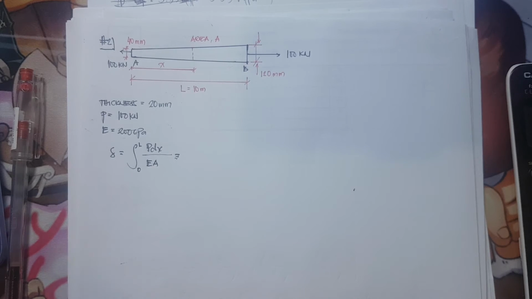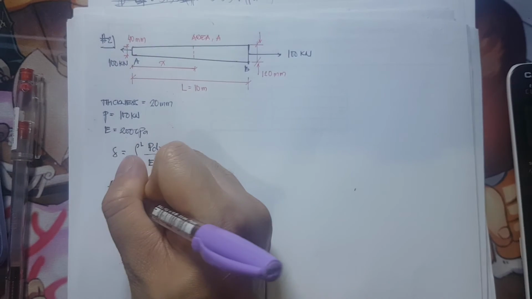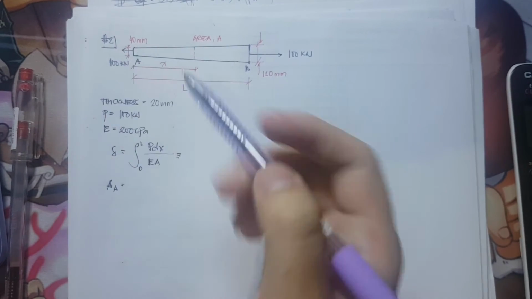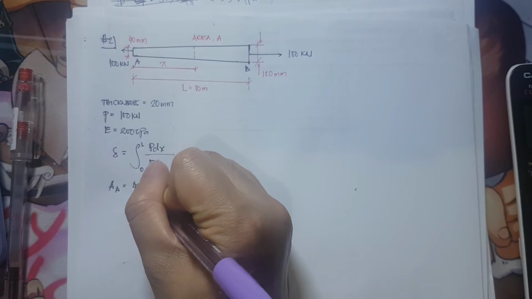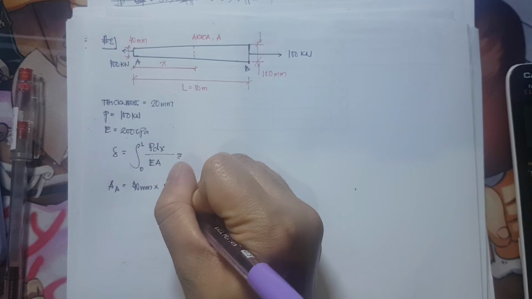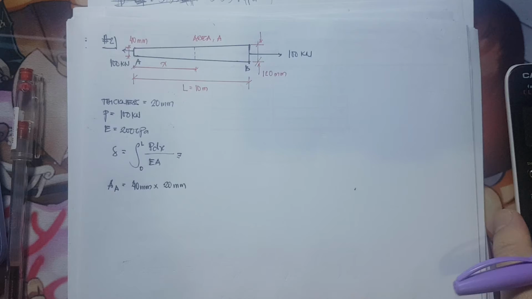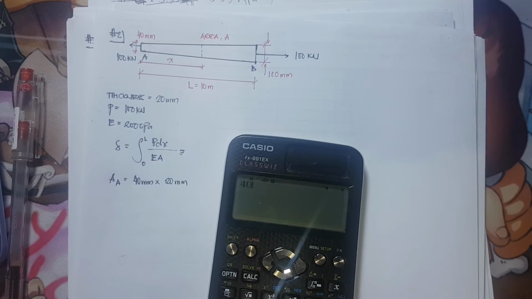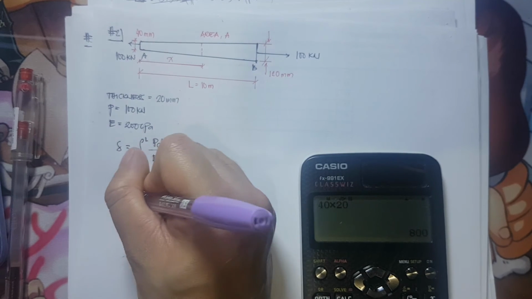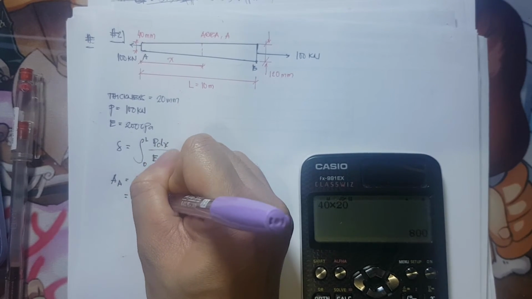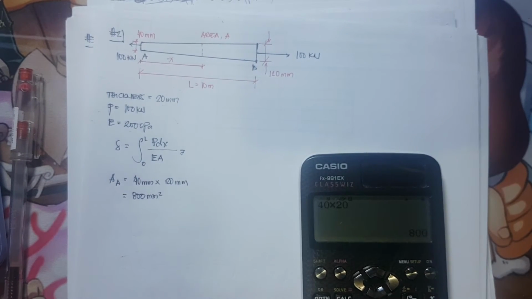Solving for the area at point A: 40 mm times the thickness of 20 mm, which is 800 mm squared.